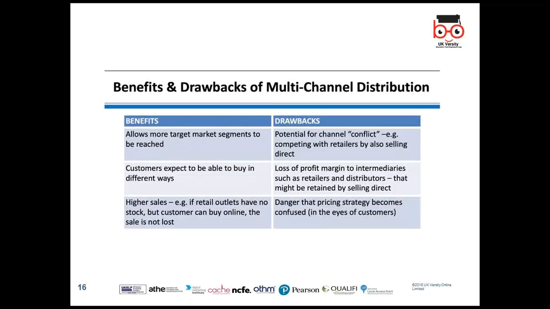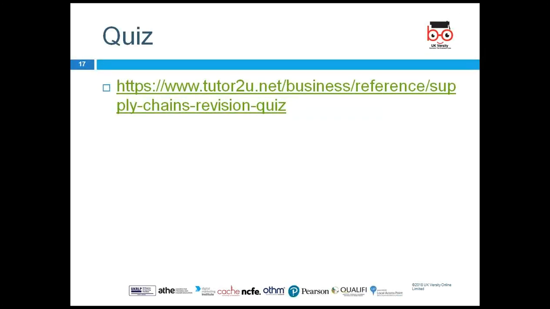Loss of profit margin to intermediaries such as retailers and distributors, which might be retained by selling direct. Danger that pricing strategies become confused, so in the eyes of the customer there are different prices for the same product through different channels. So we need to look at those.